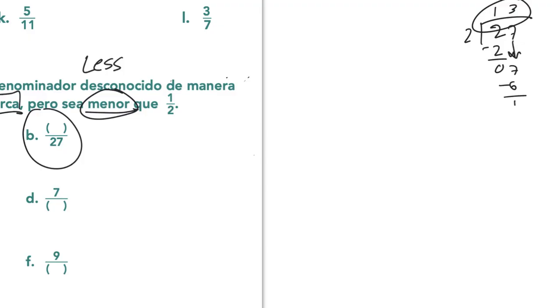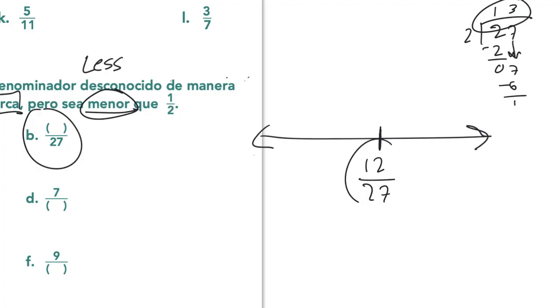So if it has to be less than that, my answer is around right here somewhere, it's going to be 12 over 27. Okay, because I know that about the halfway point is 13, and I need less than that, so I'm going to stick to 12 over 27. Again, we're just estimating right now.